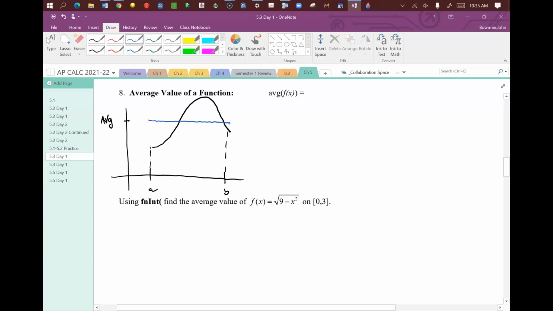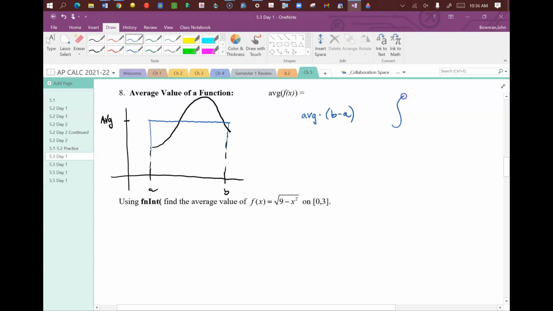And it turns out that if you were to form a rectangle, which its area can be found by taking the average value times the length of the interval b minus a, okay, turns out that that's actually equal to something.